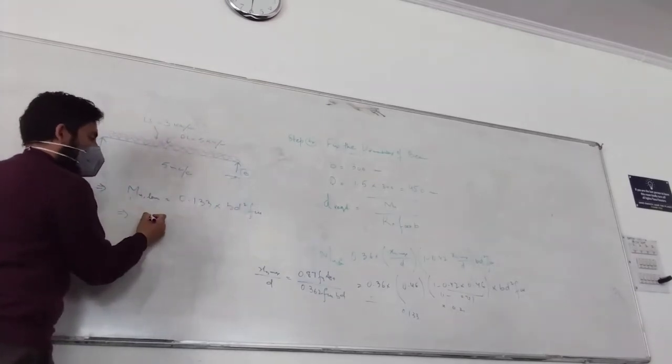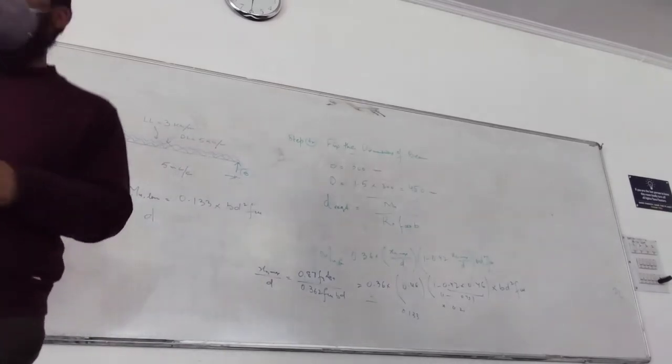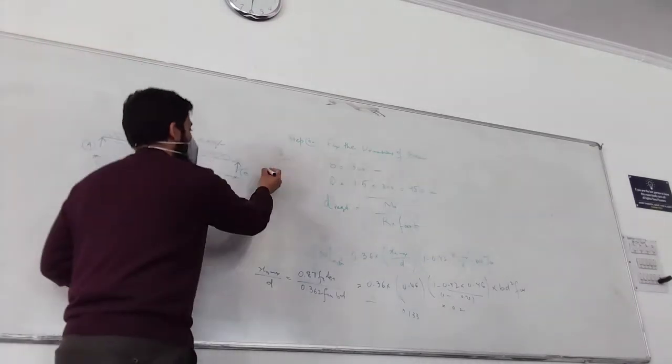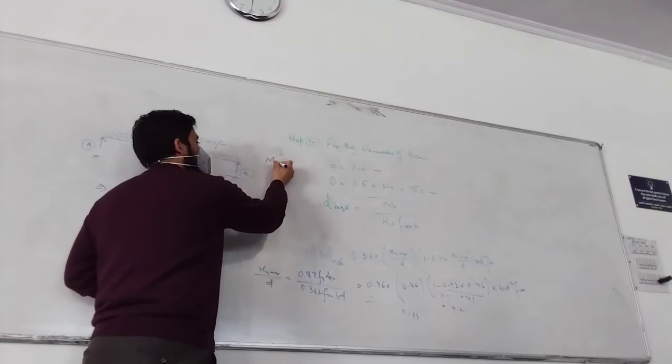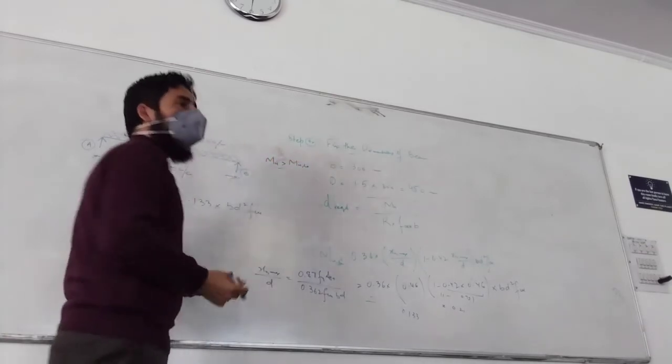So your D for Mu limiting, what is Mu limiting? The maximum moment, because last time I told you, if your Mu is greater than Mu limiting, then you have to revise it.